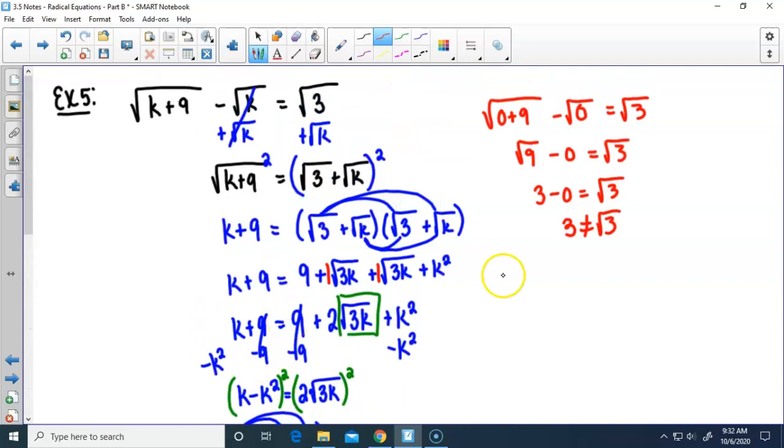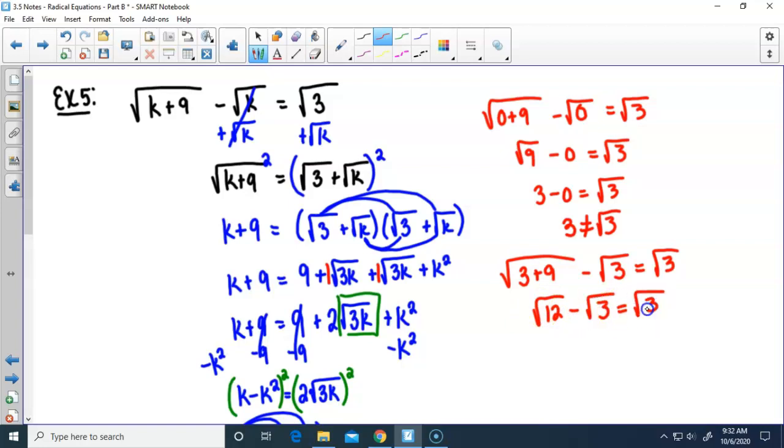We also want to check 3. So if we do the square root of 3 plus 9 minus the square root of 3, that's going to equal the square root of 3. And so square root of 3 plus 9 is the square root of 12 minus the square root of 3, which is supposed to equal the square root of 3. So this one's a little bit strange, but 12 will break down.